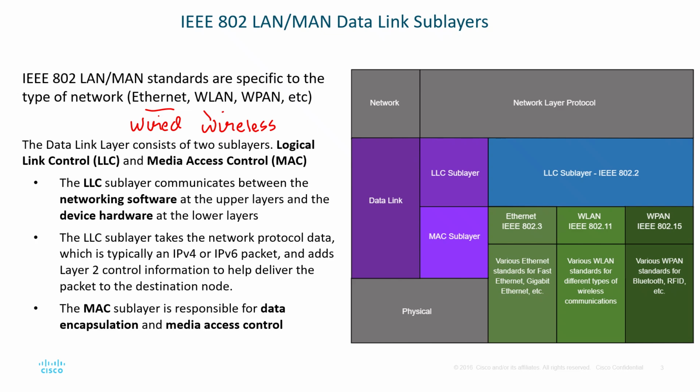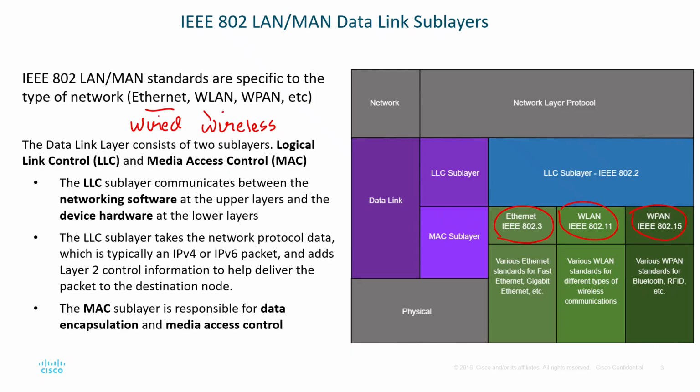So Ethernet is broken down into different standardizations. Ethernet in its totality, the entire standard is IEEE 802.3. These you have to know. WLAN, we talked about wireless a little bit right before. So WLAN is 802.11. WPAN 802.15.